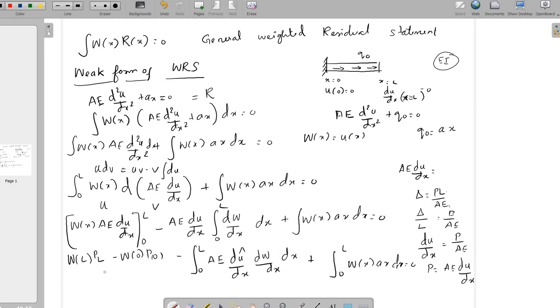So we are making the full statement, the full weak form of the residual function statement. Here I missed one boundary condition, so I am going to write the same step on the next page.